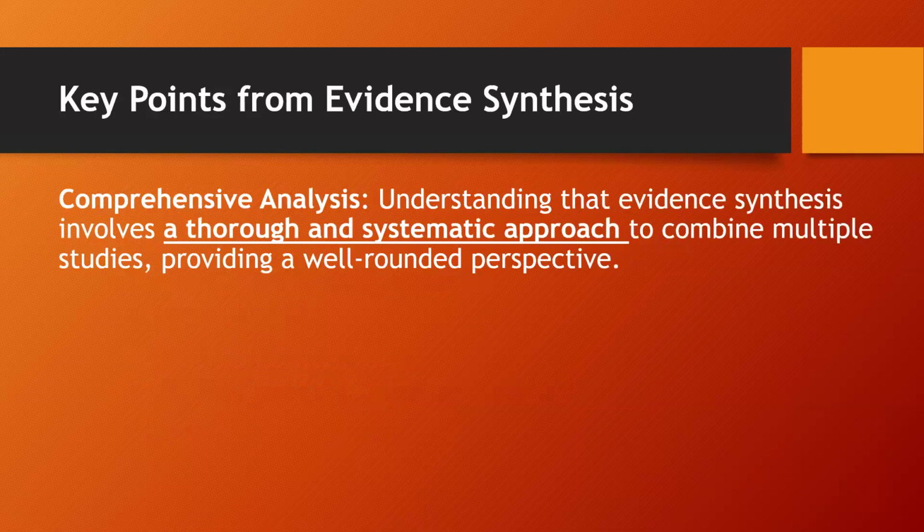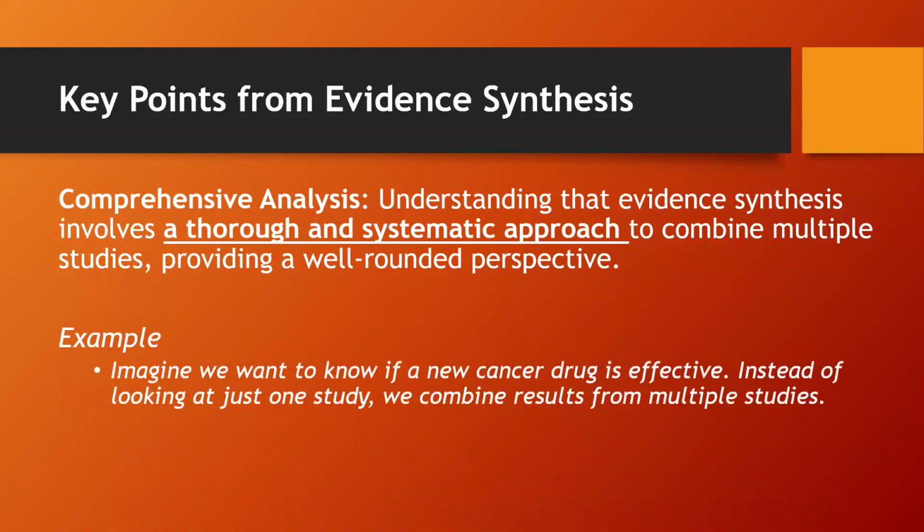So the main key point from the evidence synthesis is the comprehensive analysis. Once we do evidence synthesis, we generate lots of information through a systematic approach. Imagine, so I will start with an example.